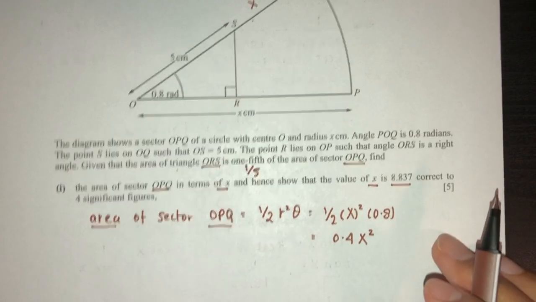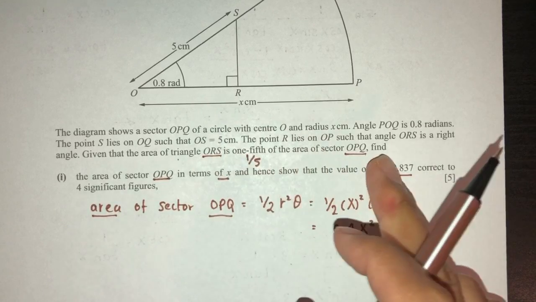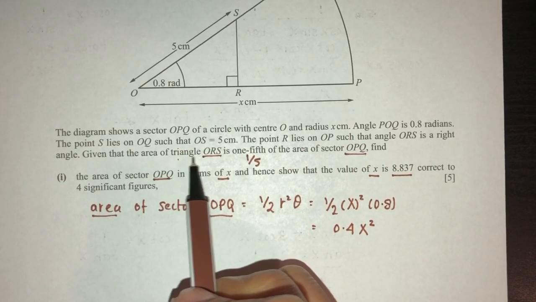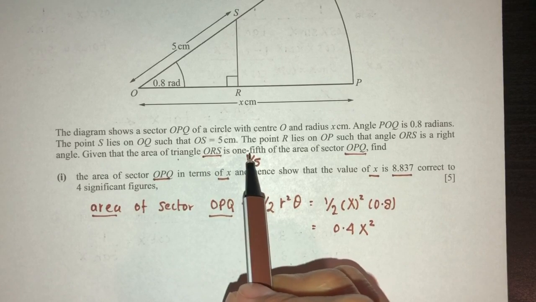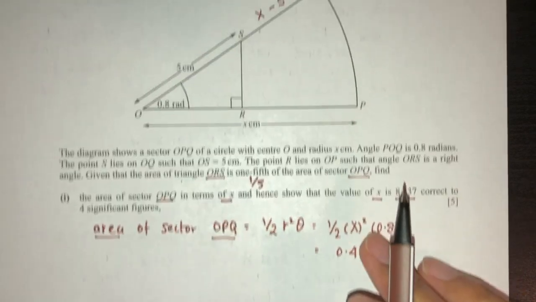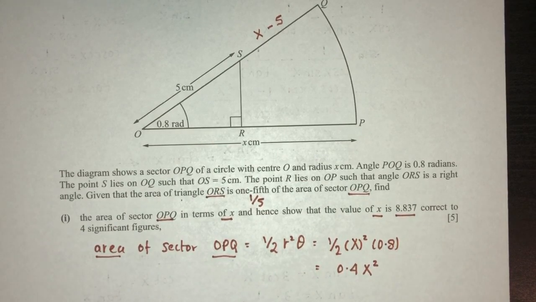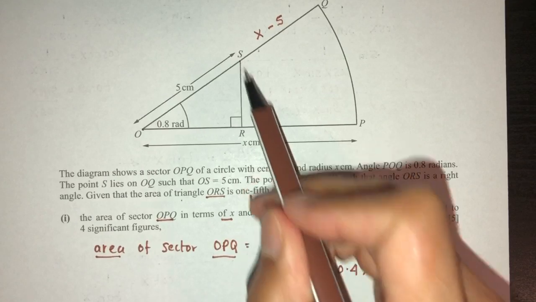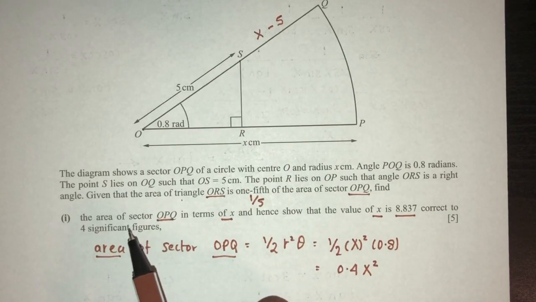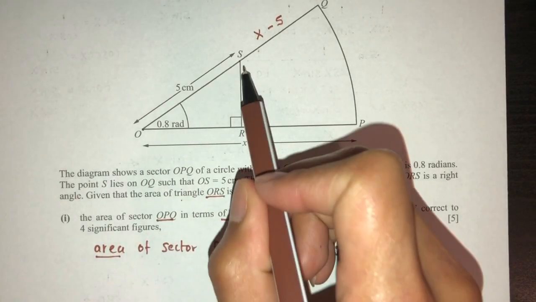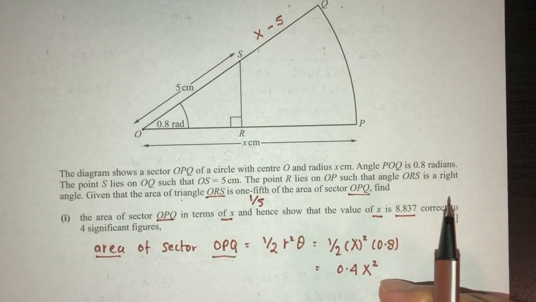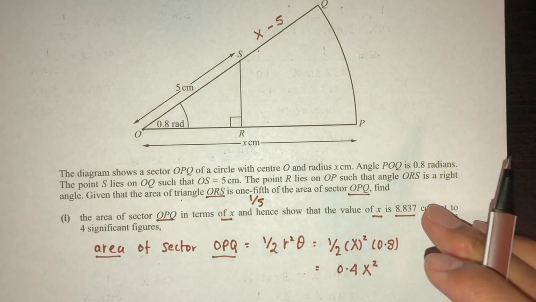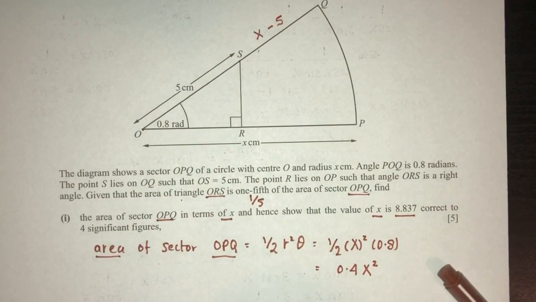Now we have to use this information. It says, given that the area of the triangle ORS is 1/5 of the area of this. So how do you find area of the triangle? If you observe, we know this side, this is a right angle triangle. OSR is a right angle triangle. So we first can find this length, and we can find this length if we want to find the area of triangle. Or we can just find one of them and use our sine formula. So let's find this length.